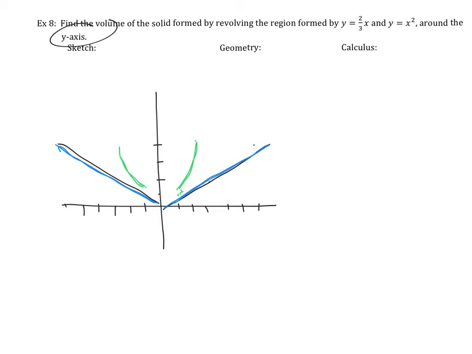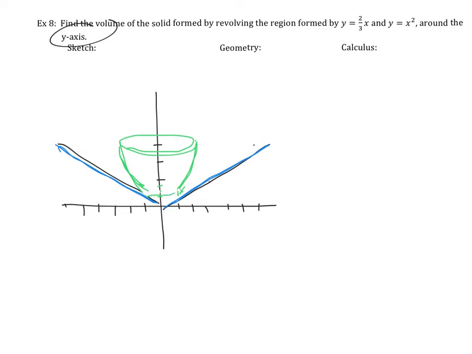So to take a look at what's going on, we've got this inner bowl shape or cup shape in here. And then at the bottom we've got the same thing. Let's try to clean that up a little bit.